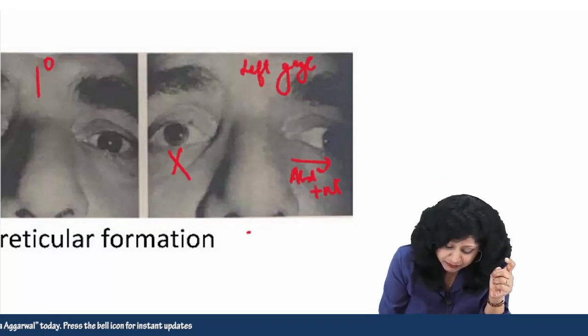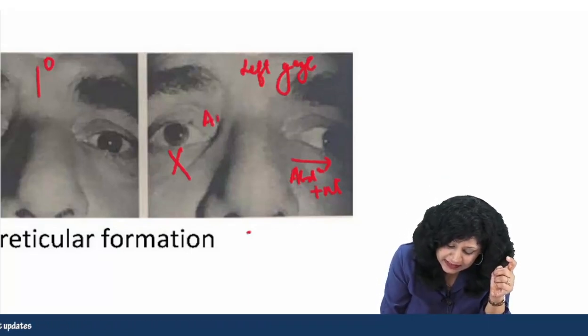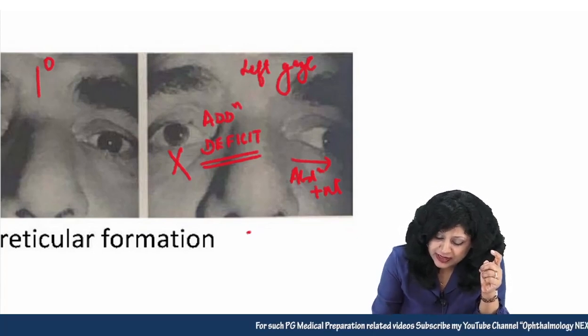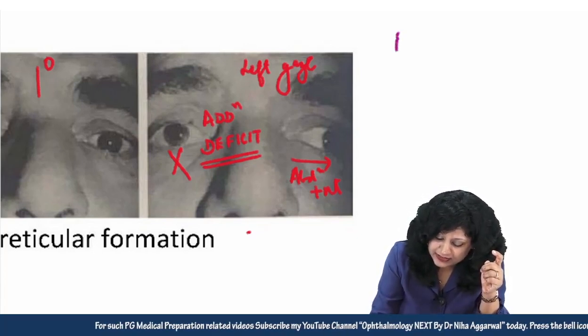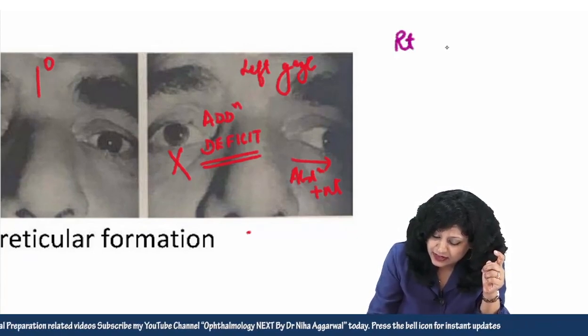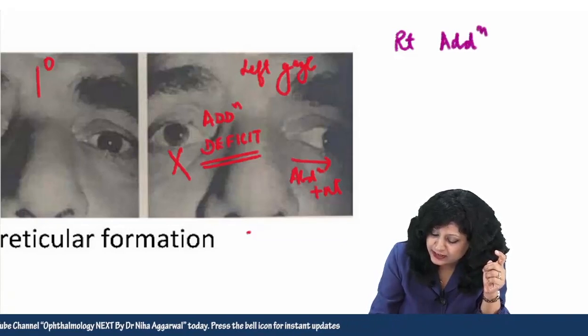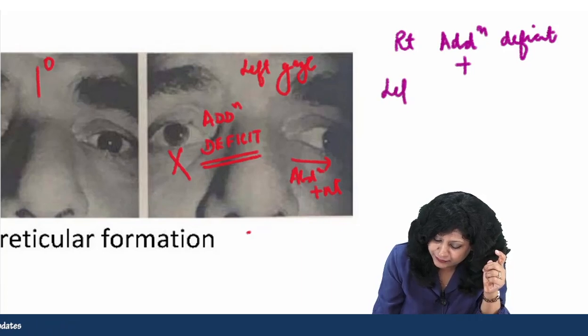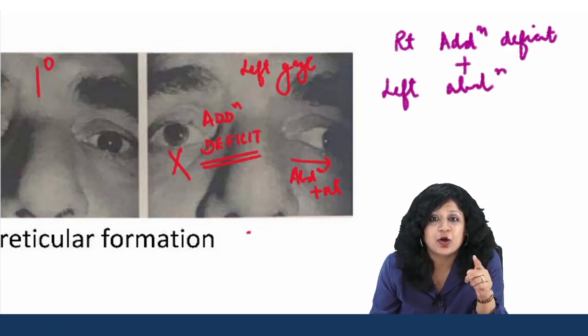So I can say that this eye is showing you the adduction deficit. This eye is showing you adduction deficit, plus left abduction. Abduction is present, and along with this, what is there?